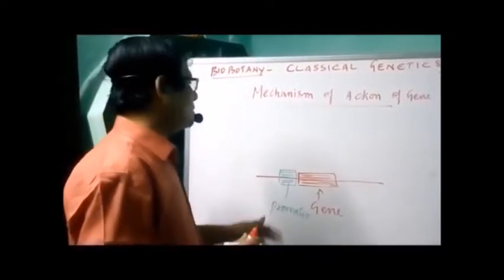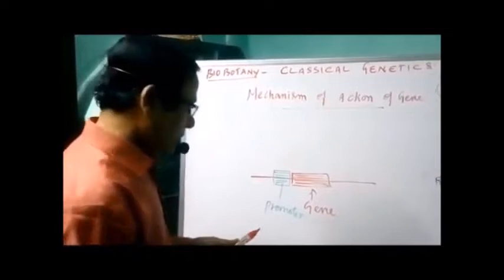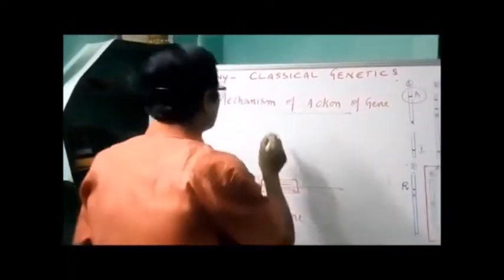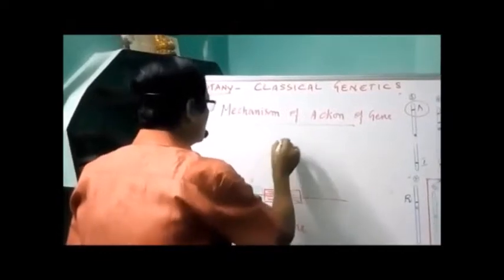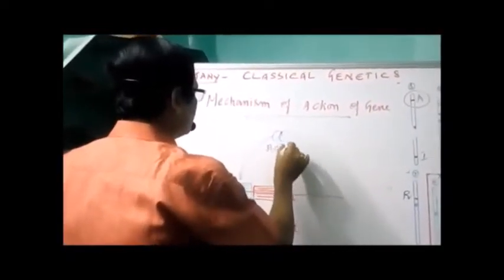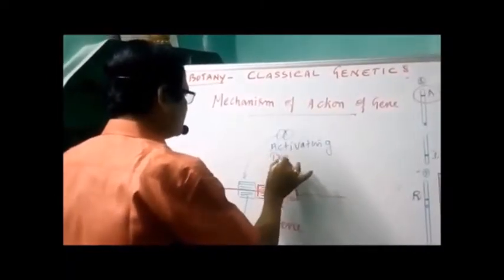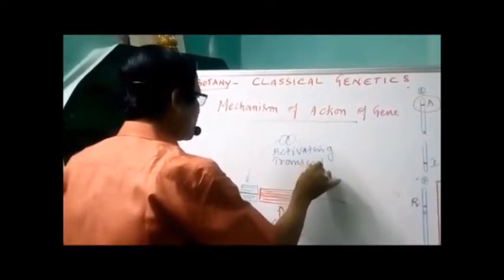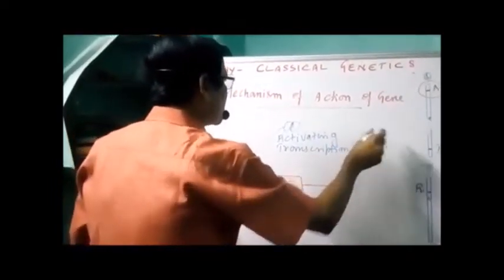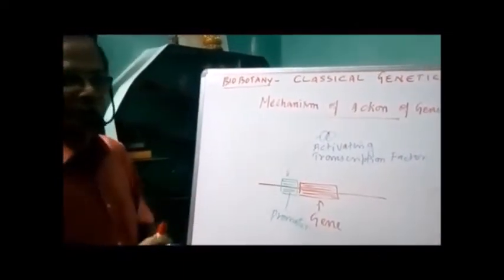Now, under normal conditions, there is no gene expression. Then we have a transcription factor, the activating transcription factor. This factor is acting as an on or off switch in gene expression.